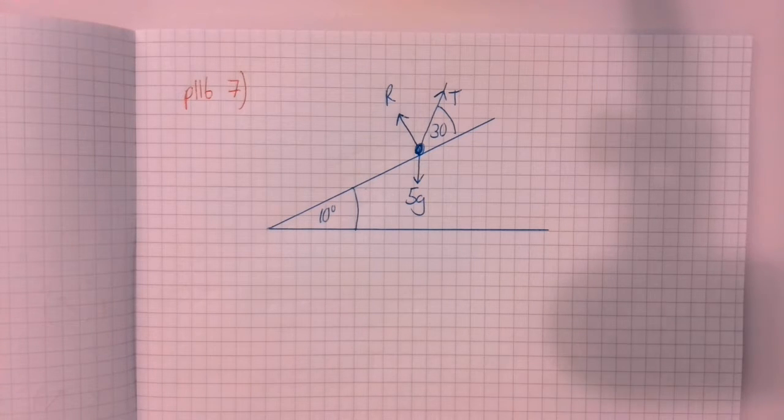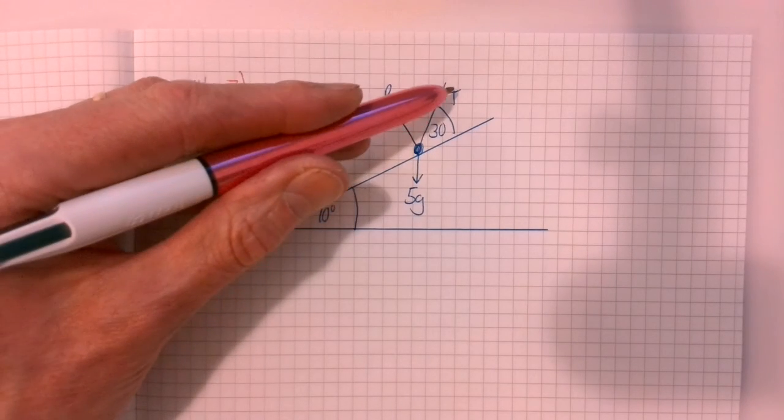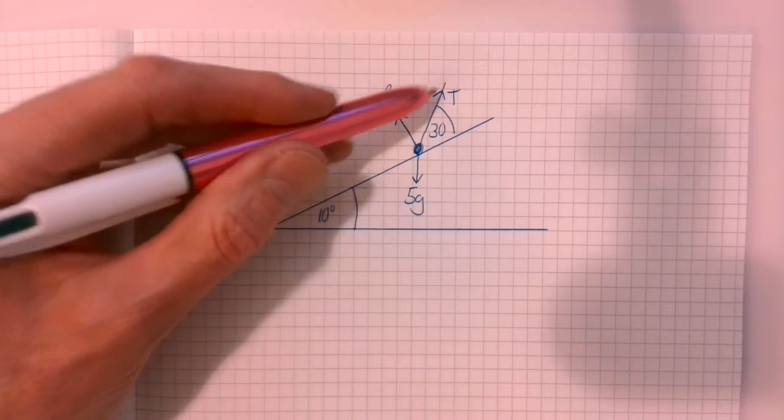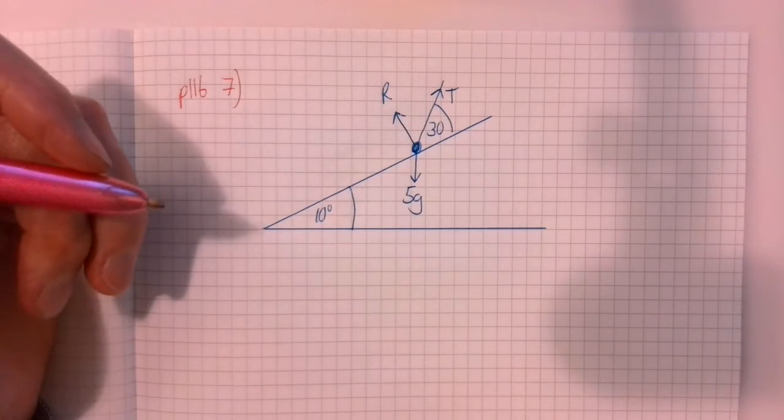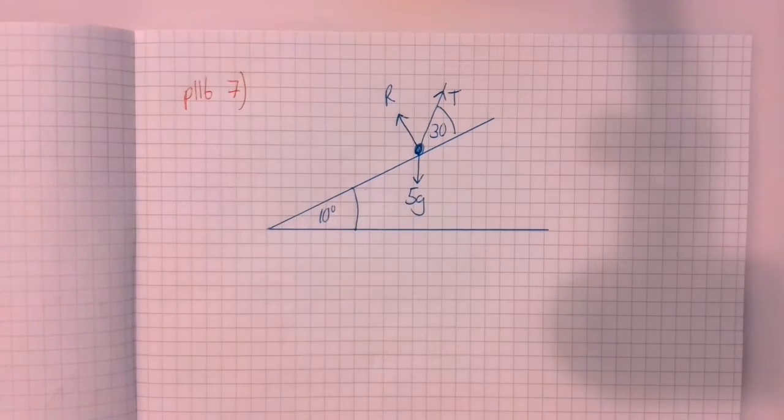So we've got here a 5 kilogram, I forget what the context was, it just says a 5 kilogram mass on a smooth plane, no friction, and it's being held in equilibrium by a string. So we've got to work out the tension in the string, which is pulling it up, and we've got to work out the reaction force from the plane pushing up on the mass.